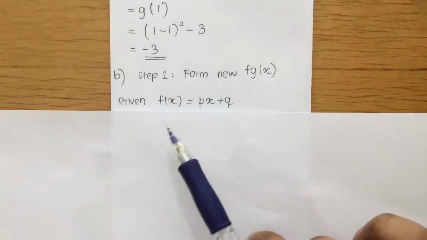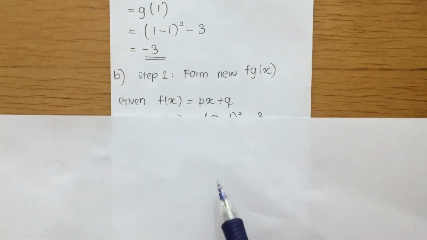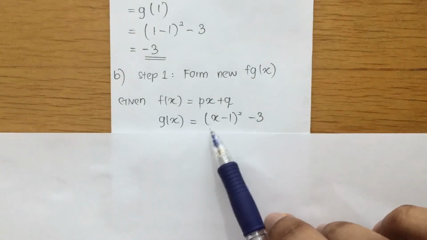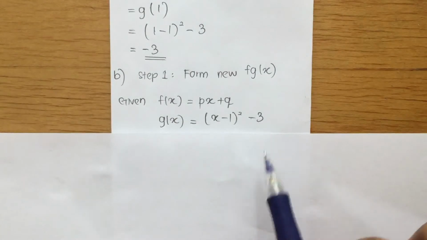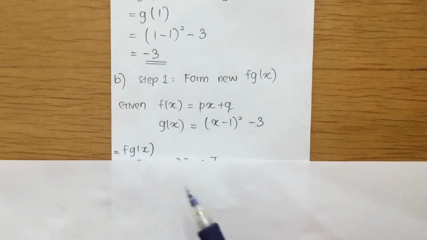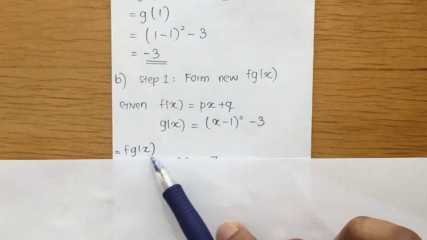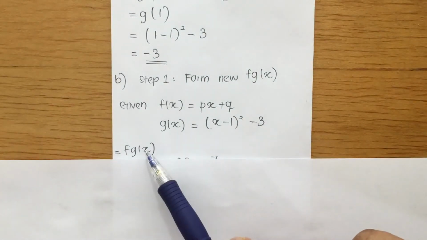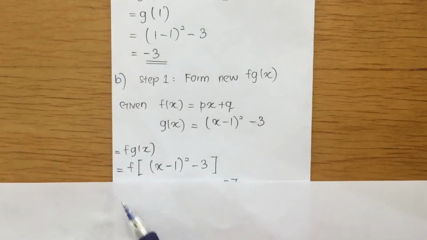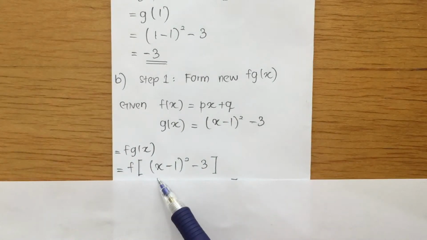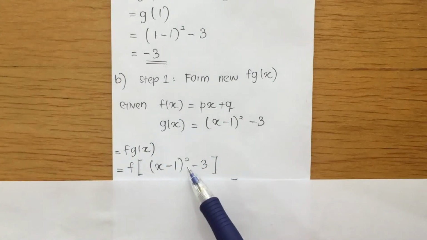Given that f(x) = px + q and g(x) = (x - 1)² - 3, we're going to form the composite function fg(x) over here. So f[g(x)], where you substitute the function for g(x). From here you get f[(x - 1)² - 3].